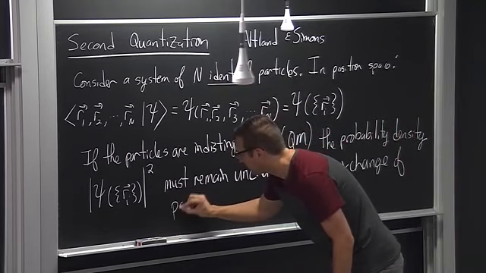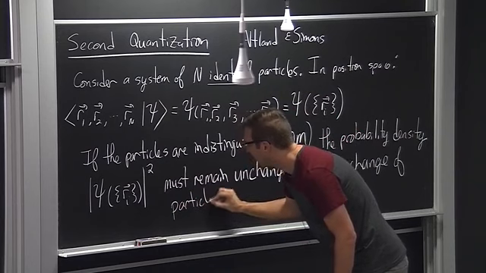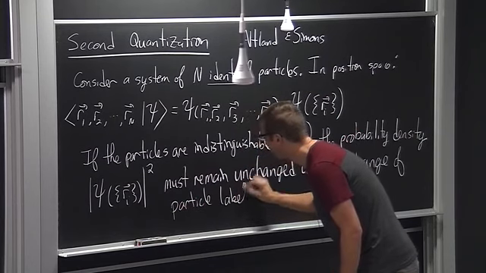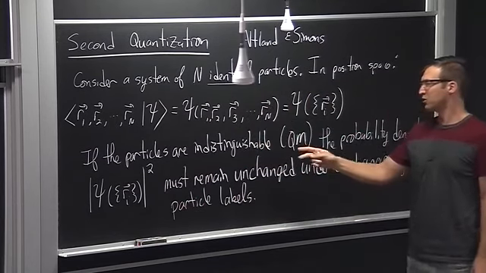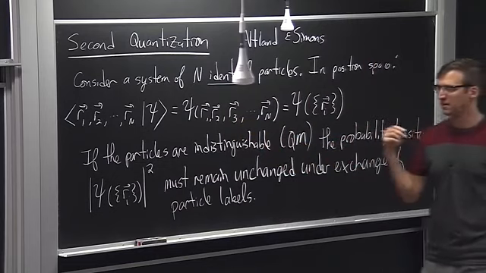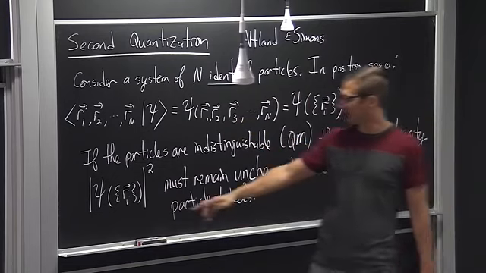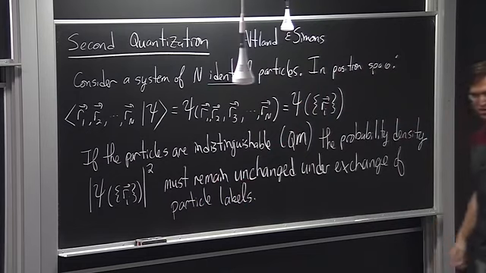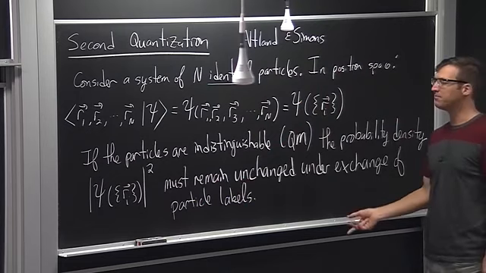I'm going to call these particle labels. If I switch 2 and 3, the probability density should be unchanged. That switching of the labels is called a permutation.